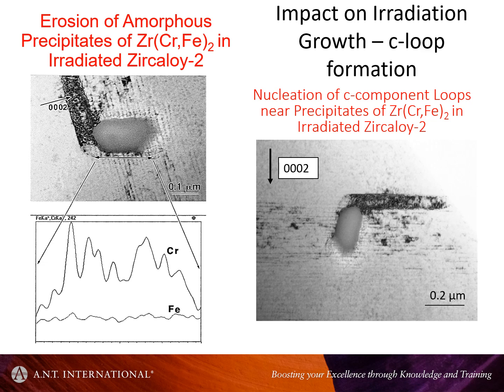A couple of asides I should mention. When I first arrived at Chalk River, which is in 1984, the technician who worked for me was a guy called Ross Gilbert. But prior to my arrival, Ross was the first person to notice that there was an amorphous transformation of the zirconium iron particles, and that this transformation also corresponded with a depletion of iron.